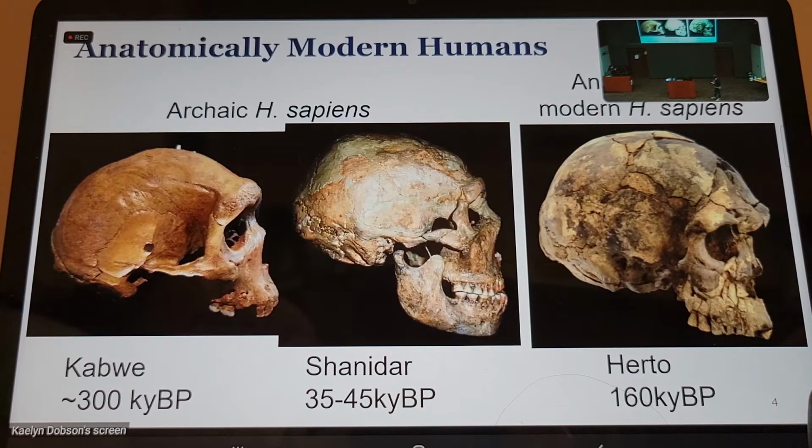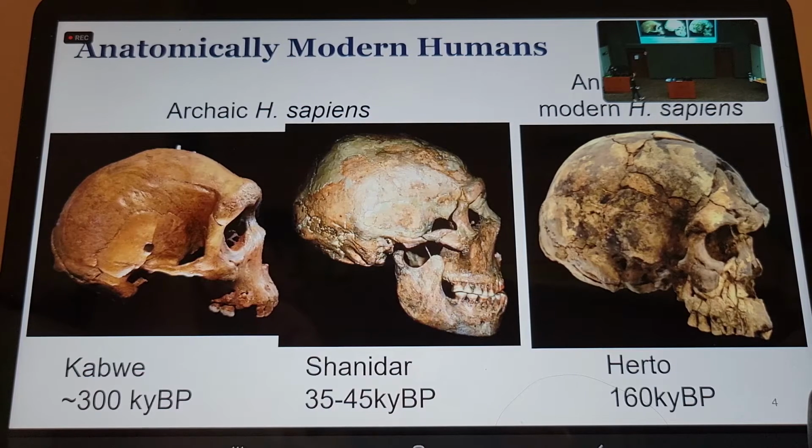Right, so here we have a comparison. On the far left, we have Kabwe. Remember, this was early archaic Homo sapiens from East Africa at about 300,000 years ago. Right, this is definitely within the modern human range for cranial capacity, but you can see those big brow ridges.